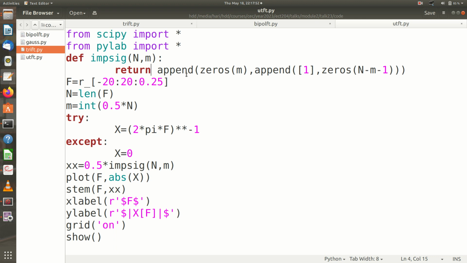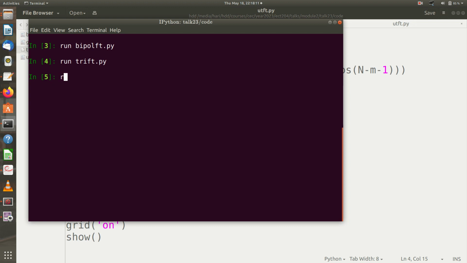Then I make a frequency vector from minus 20 to 20. Then I have computed x equal to 1 by 2 pi f. Okay. And I have put this impulse signal over that. Okay, you can run it.